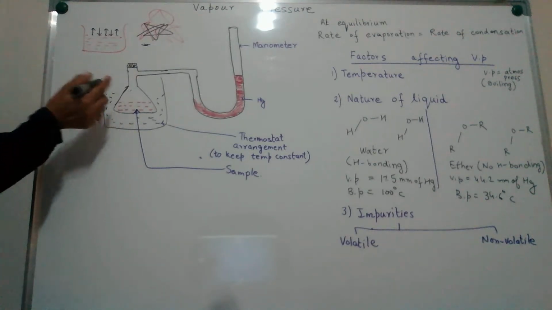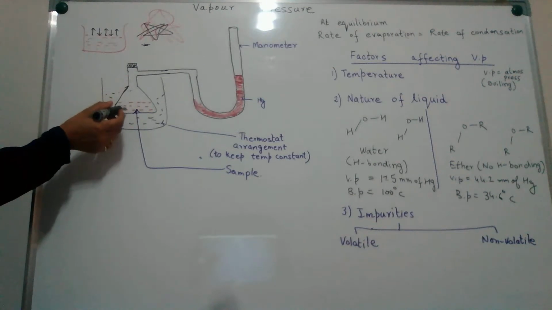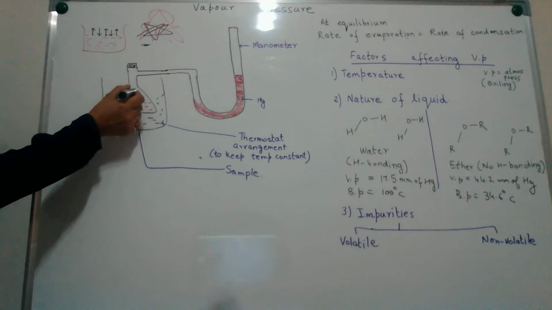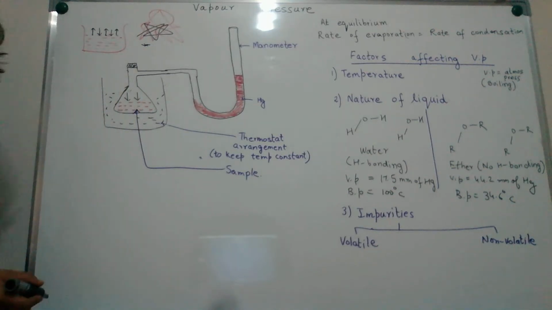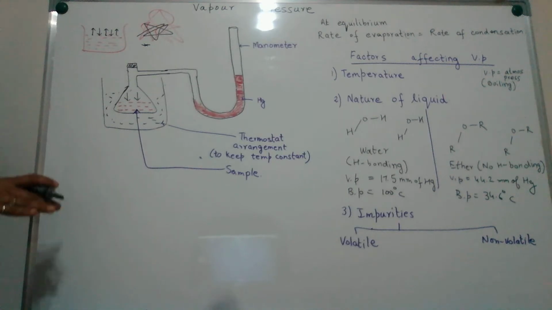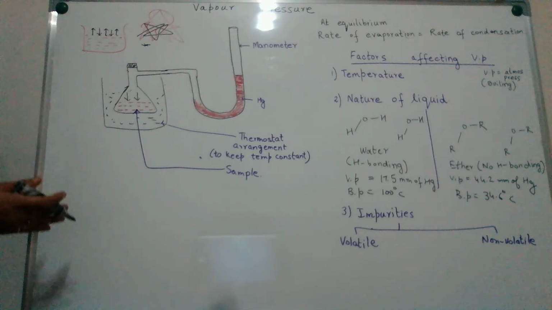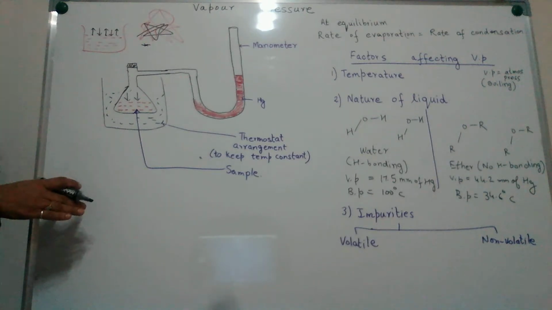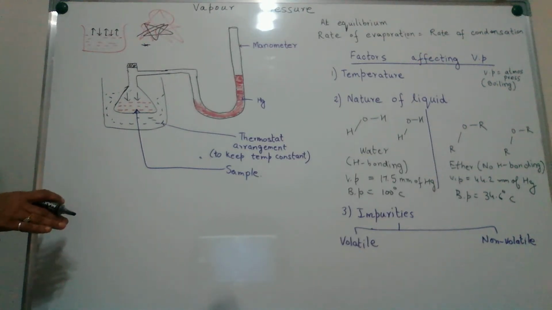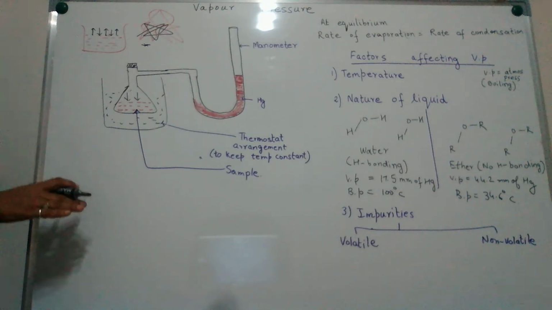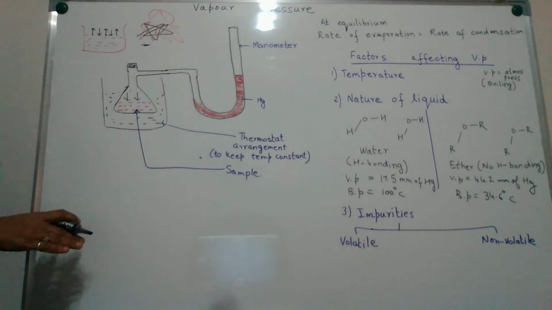That means the rate of evaporation has become equal to the rate of condensation of the particles back into the liquid state. This is what we call an equilibrium. It doesn't mean that the process of vaporization or condensation has stopped. It only means that both processes are taking place simultaneously but at the same rate, at the same speed.